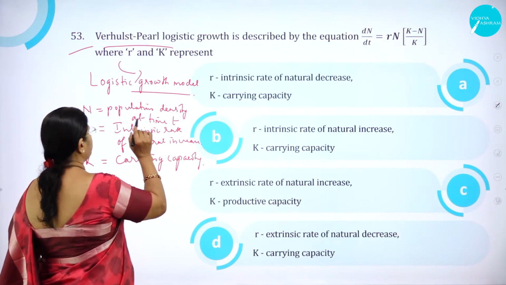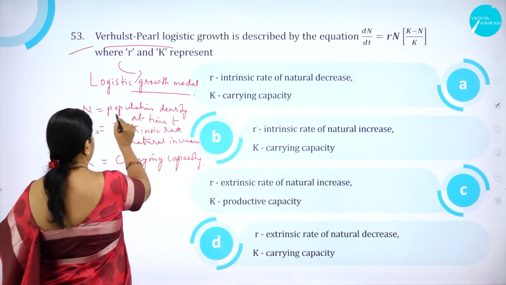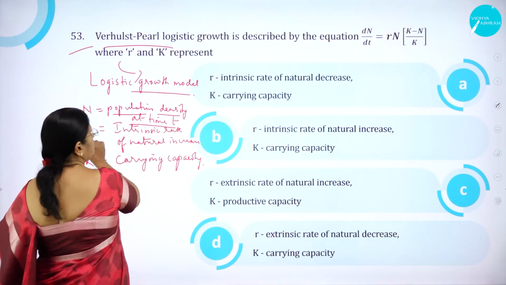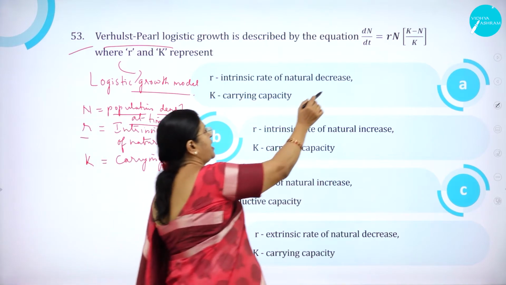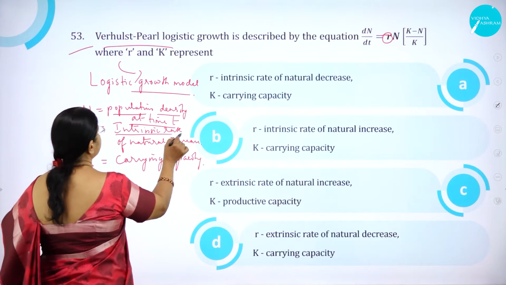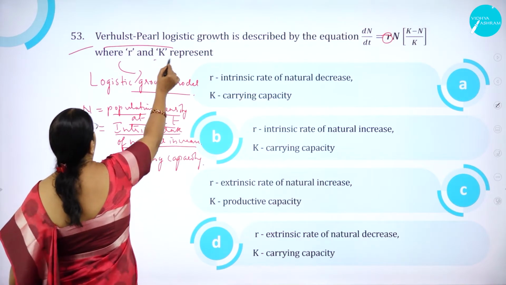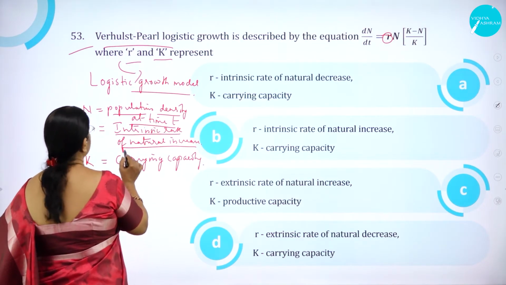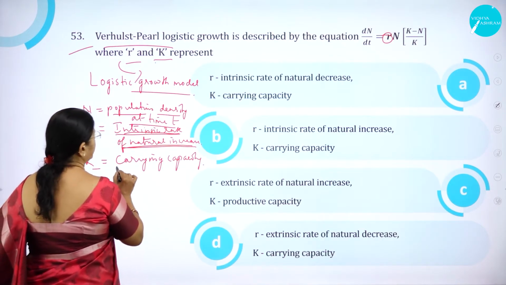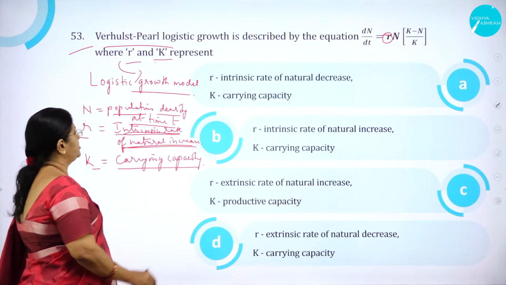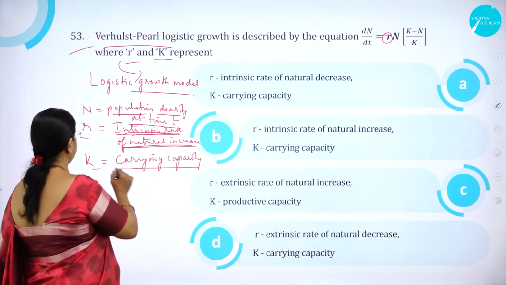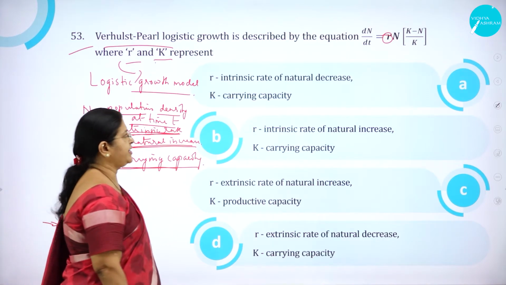When you see that equation, N stands for population density at time t, small r stands for intrinsic rate of natural increase, and K stands for carrying capacity.